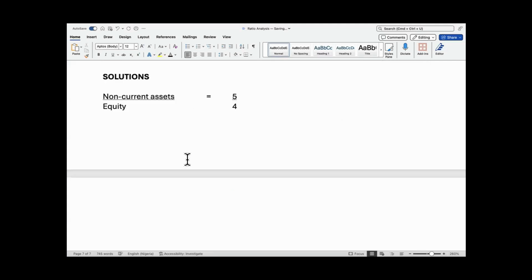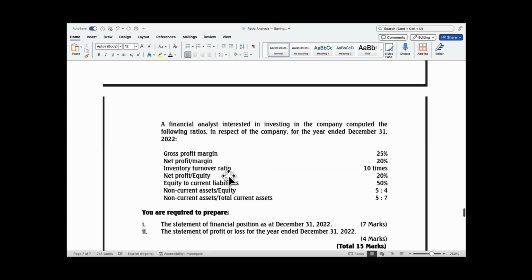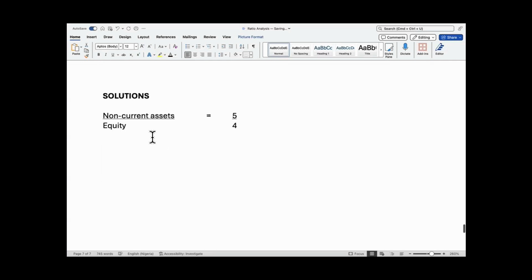So knowing that, let me move to the next page. My total non-current assets from here is 50,000.